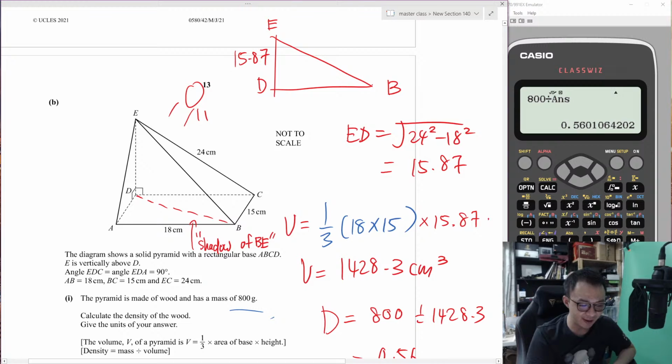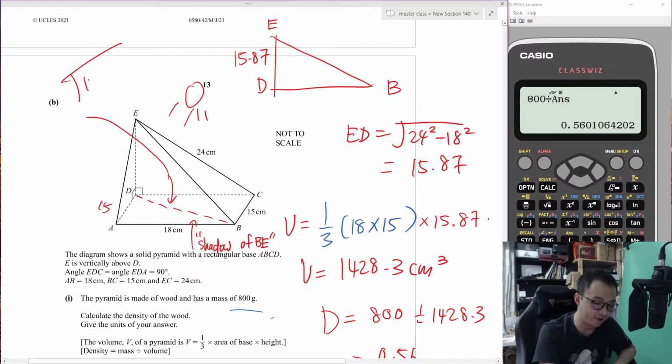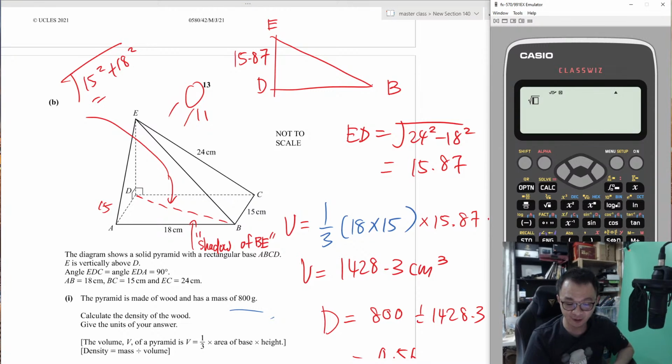I don't have E to B, and I'm not sure they are the same length because the question doesn't say, but I can find B to D by doing Pythagoras, because this is 15, right? So this line itself should be the square root of 18 squared plus 15 squared.